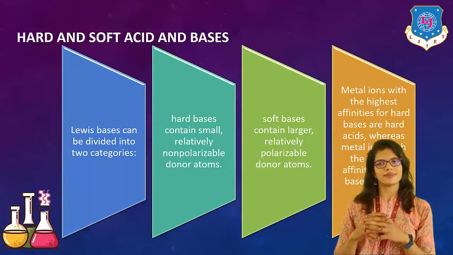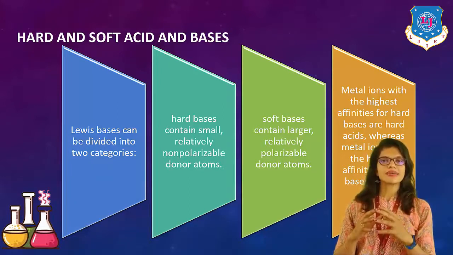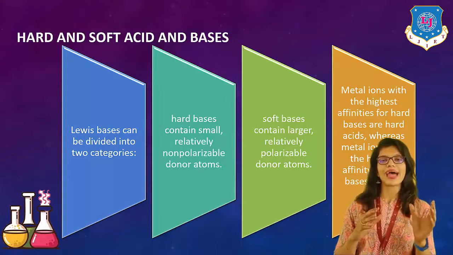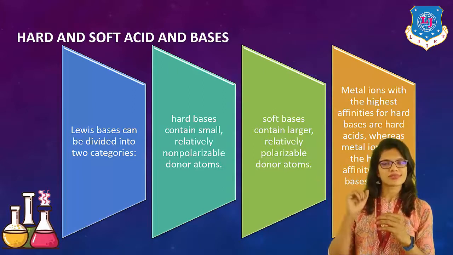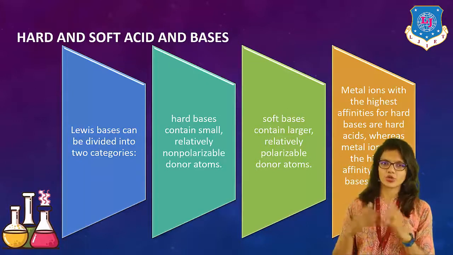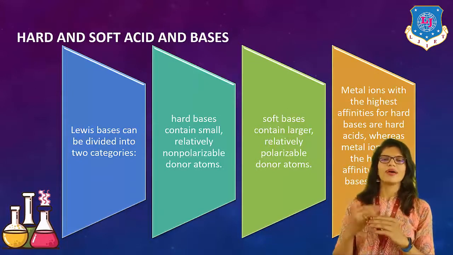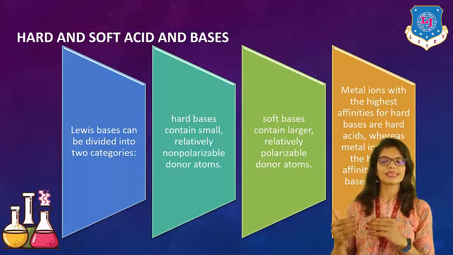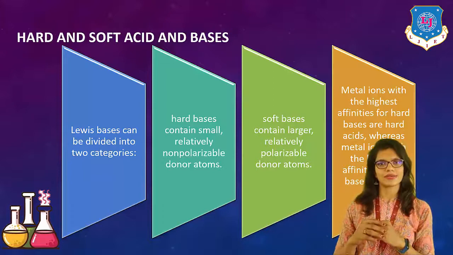Let's observe it here. Hard bases contain small, relatively non-polarizable donor atoms. Bases are generally donors as they contain a higher number of electrons. While soft bases contain larger and relatively polarizable donor atoms.